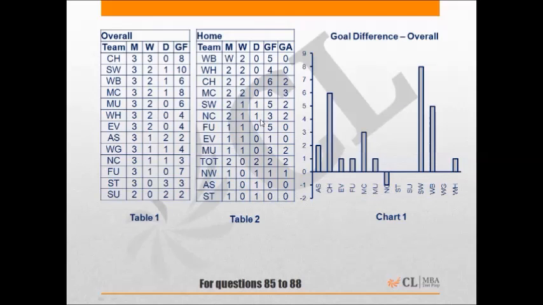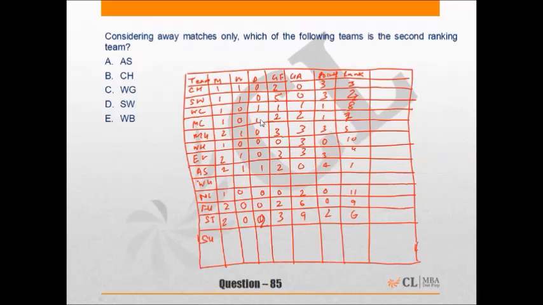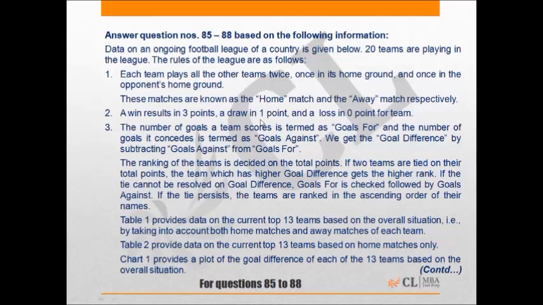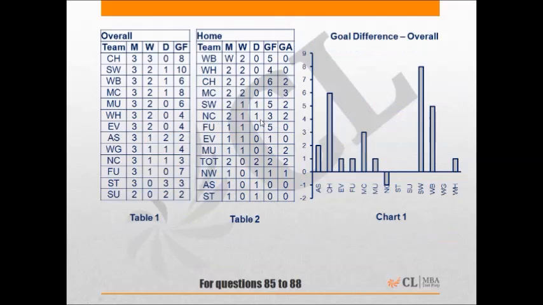Like CS has played 3 matches so far, and it has won 2 matches and drawn 0. Goal for is 8. This is what the first table reflects. Table 2 provides data on the current top 13 teams based on home matches only.